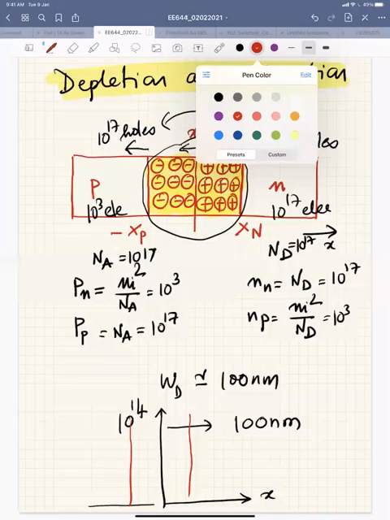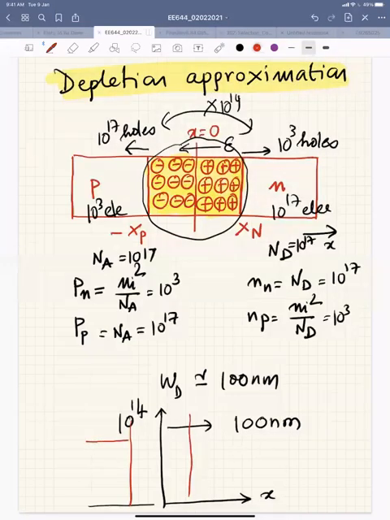I have hole concentration of 10^17 on one side, and let's say 10^3 here. The 10^14 change is happening somewhere here. But since this distance is very small, hundreds of nanometers, the 10^14 change of holes happens in these hundreds of nanometers.